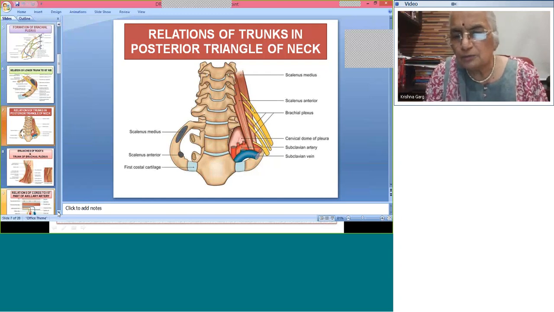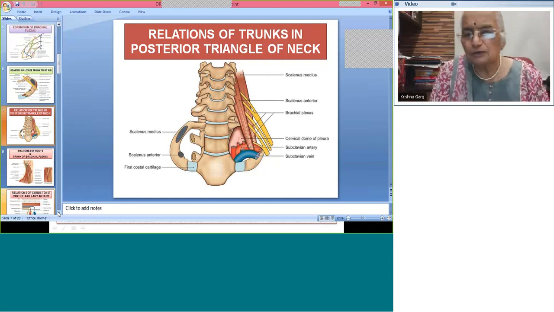Subclavian vein, of course, cannot bear the pressure or pull of the scalenus anterior muscle, so it is not lying under cover of the scalenus anterior muscle. This is the scalenus anterior and scalenus medius. Part of this is supraclavicular, part is retroclavicular, and the lower part is the infraclavicular part of the brachial plexus.